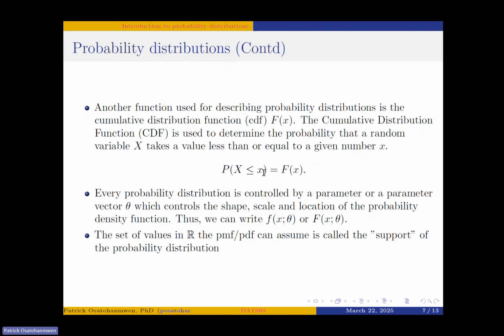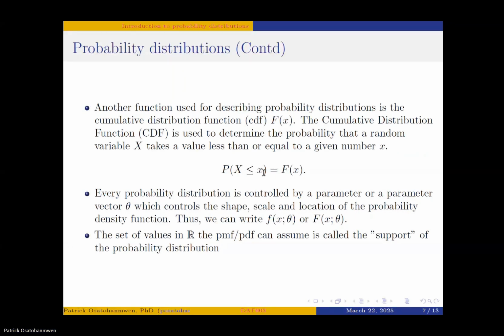They are the two mathematical functions that we use to describe the probability distribution of random variables. The probability mass function or density function is used to compute specific probabilities, the probability that the random variable is going to take a specific value, while the cumulative distribution function or the CDF is used to determine the probability that a random variable will take a value less than or equal to a given number x.